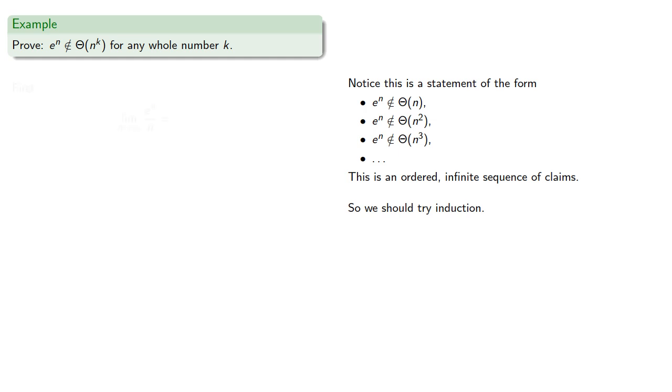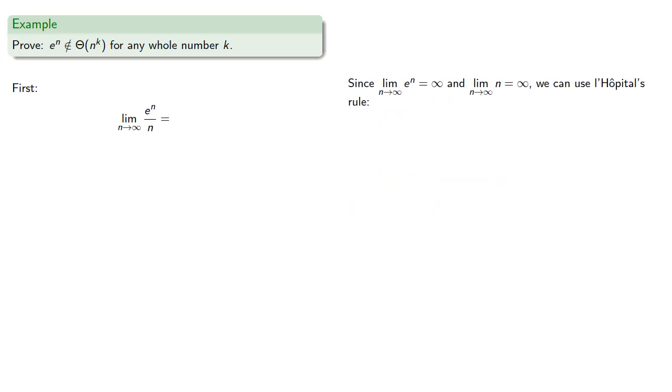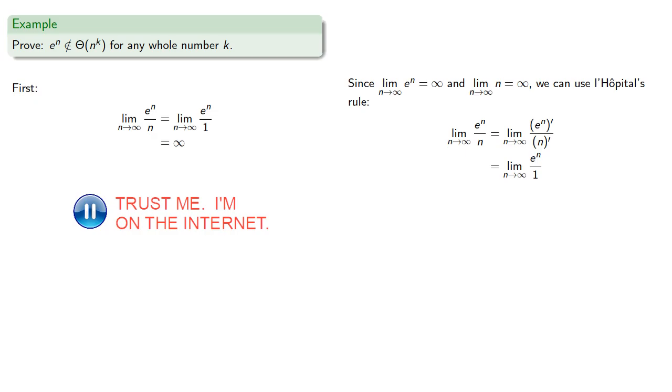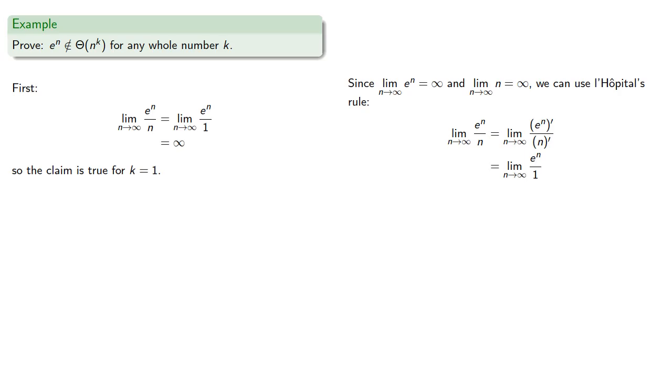First, we find the limit as n goes to infinity of e to the n over n to the first. And again, since numerator and denominator both go to infinity, we can use L'Hopital's rule and find that our limit is infinity, so the claim is true for k equals 1.